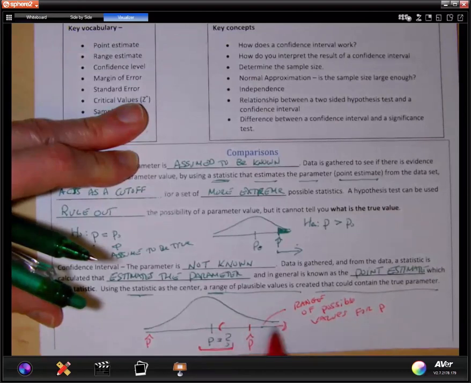And then when we create this interval around this, where this is at the center, using my point estimate, what we're saying now is this is a potential value that can act as if we have a parameter, but when we create the range, so can these values. What this does is it creates a range, and then we can look at the utmost, say, well, our unknown parameter could be as high as this or as low as that. And that's how a confidence interval works.